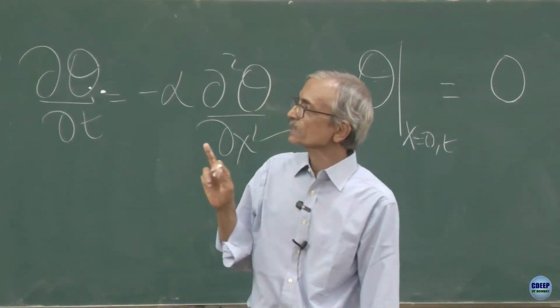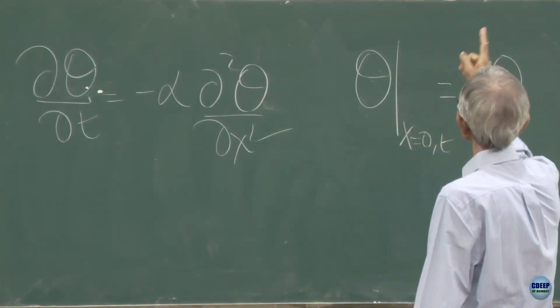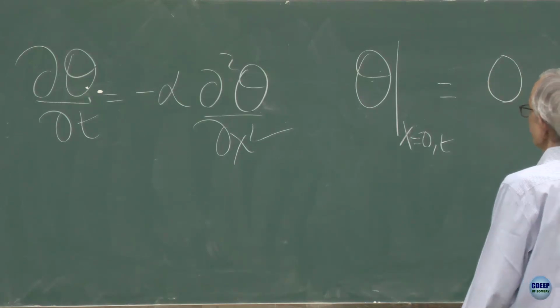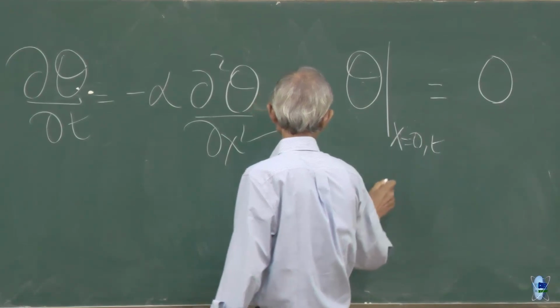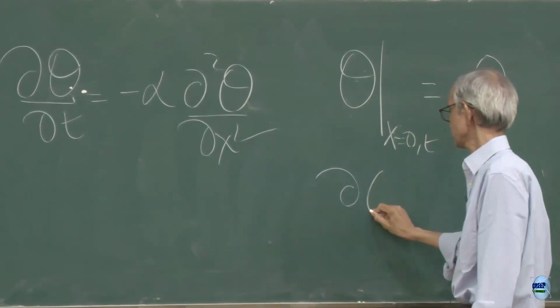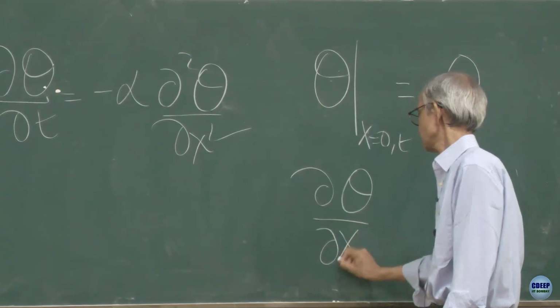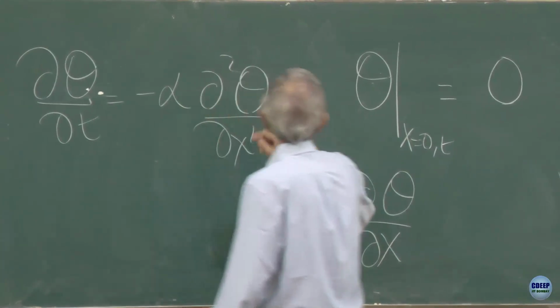Now let's look at the other condition, which said del u del x is minus h times (u minus u naught). What happens to that? Del u del x becomes del theta del x, because theta is equal to u minus u naught.